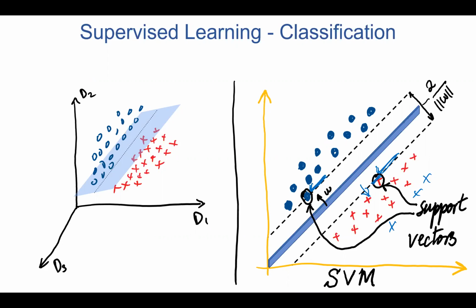That's when we can draw the maximum margin separator and then keep increasing the margin until we hit the support vectors. Support vectors are the data points that are closest to the maximum margin separator, which allow us to expand this region.